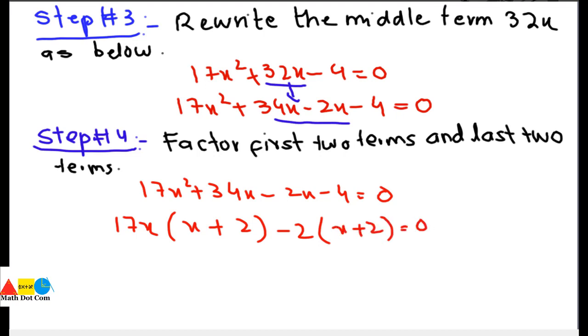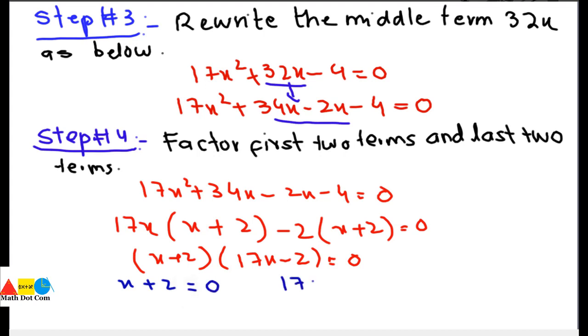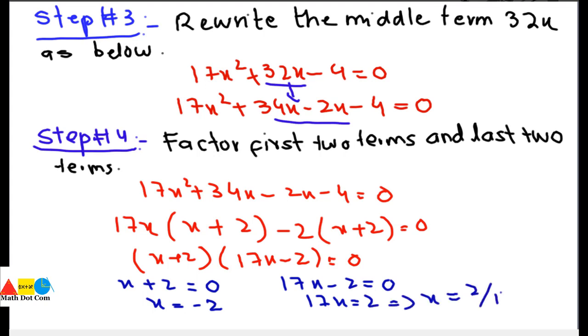Now we can factor out the common factor x plus 2, and the remaining terms are 17x minus 2. So either x plus 2 equals 0 or 17x minus 2 equals 0. From the first, the value of x is minus 2, and from the second, x is equal to 2 by 17.